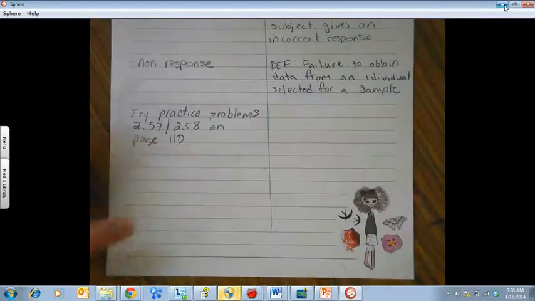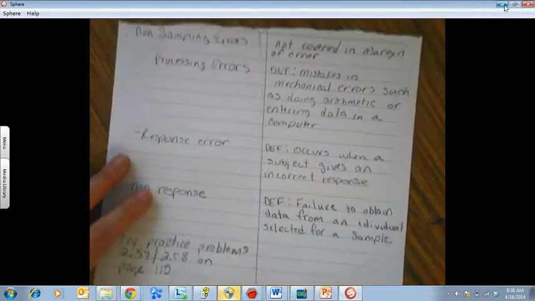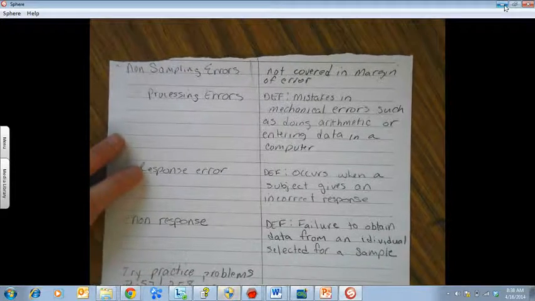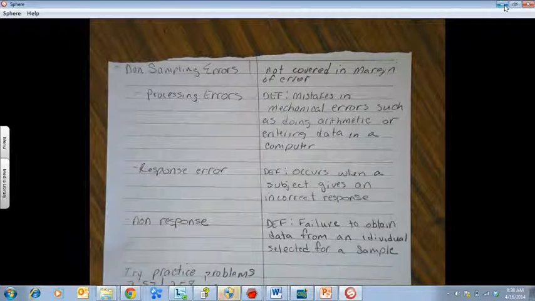In the book, it also goes over a couple other examples, so please make sure you read that. All right, then on to non-sampling errors. Okay. Non-sampling errors are not covered in the margin of error. So that plus or minus 4%, if that's your margin of error, that is not non-sampling errors.